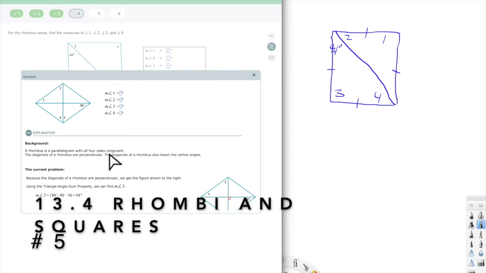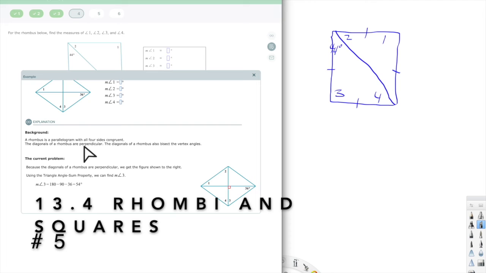We know that, and this one even looks like a little bit more of a squished diamond. So the diagonals of a rhombus are perpendicular. So that's another bit that we can use here. Let's see. They bisect each vertex angle. So that's another very important piece. The diagonals of a rhombus also bisect the vertex angle.